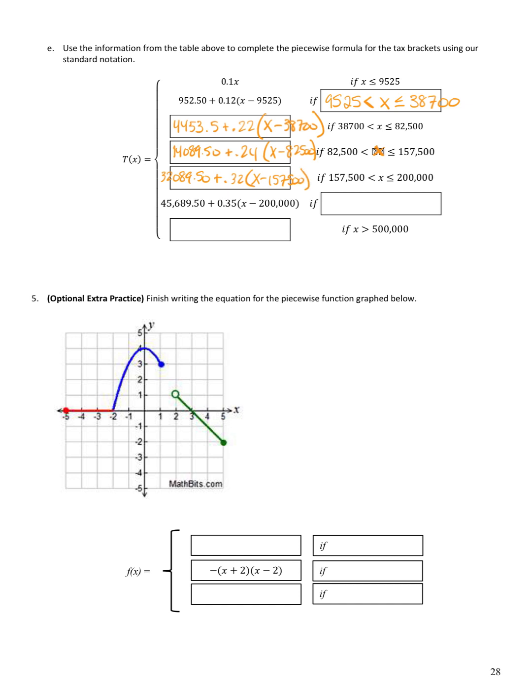And then we have $45,689.50 plus 35% paid on the amount over 200,000, and that is for incomes between 200,000 and 500,000.